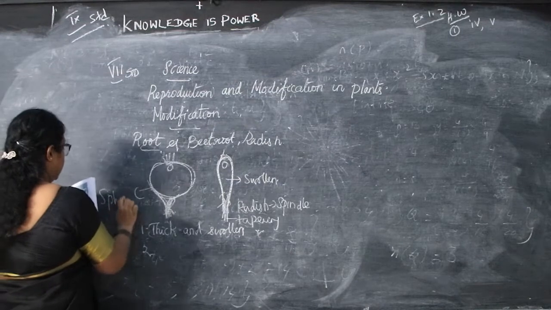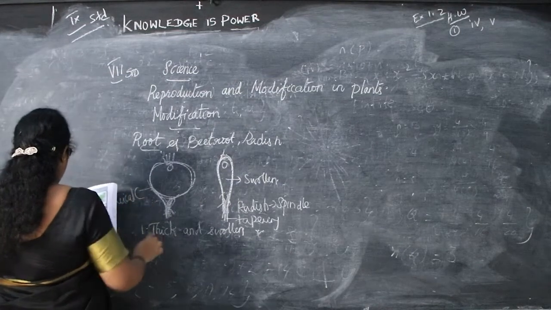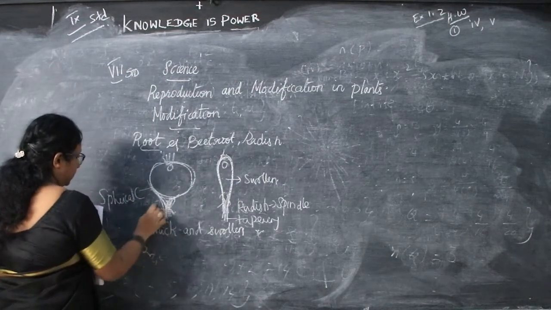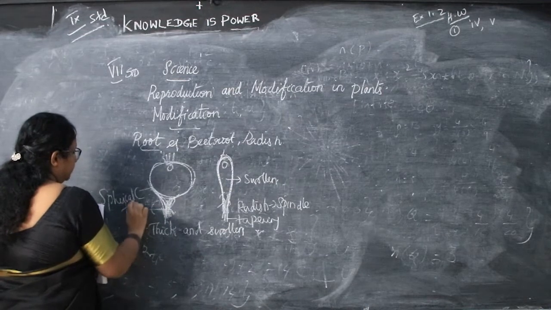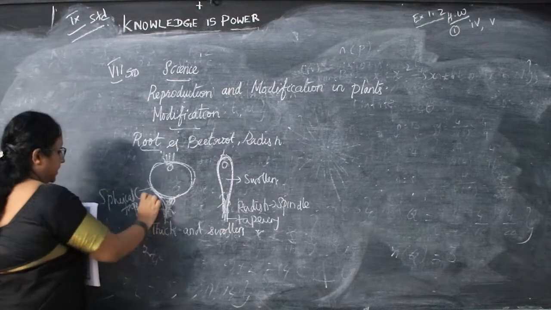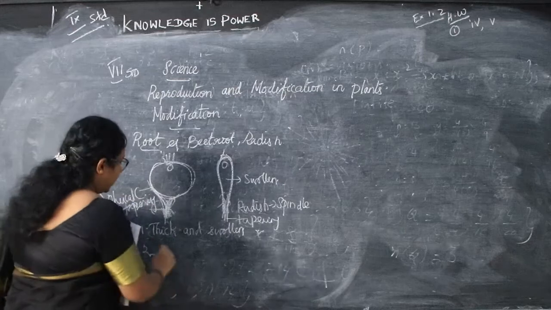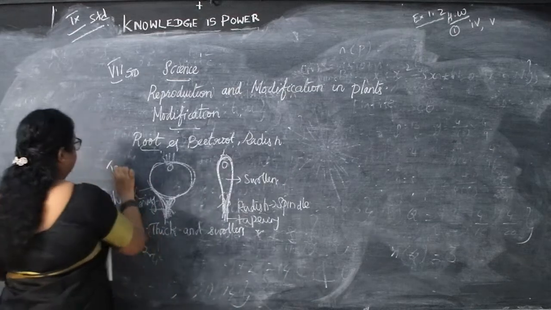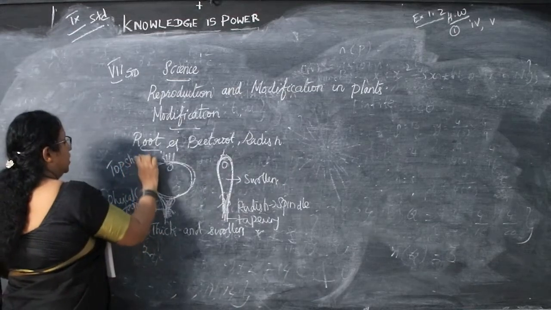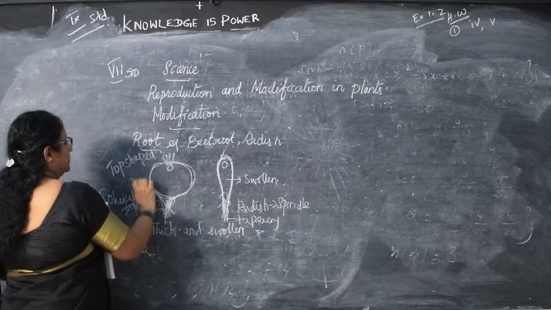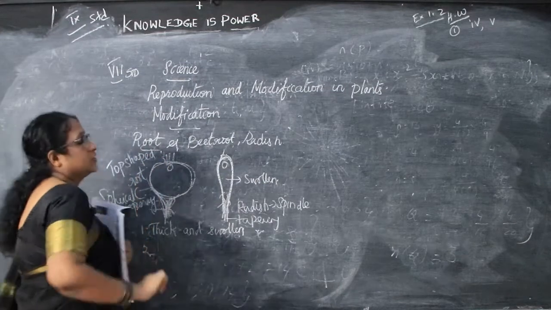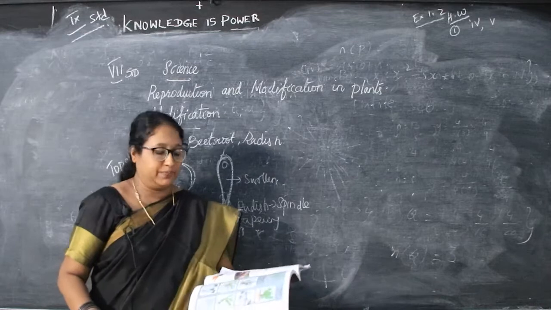Spherical at the base and shortly tapering towards the apex, and this is called a top shaped root. Since it looks like a top, it is given the name top shaped root.